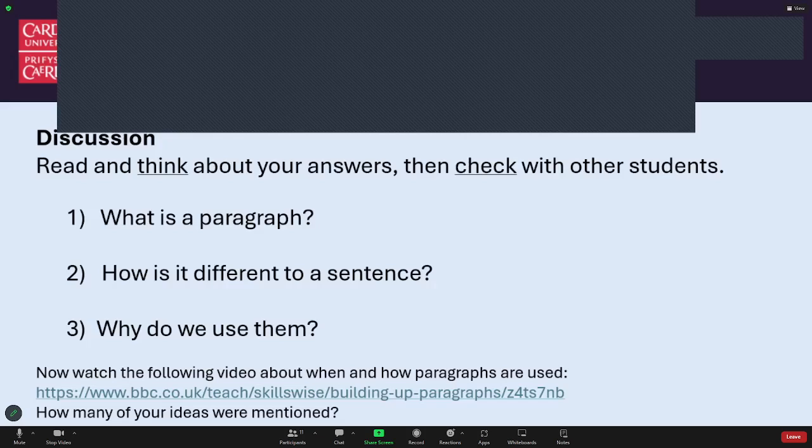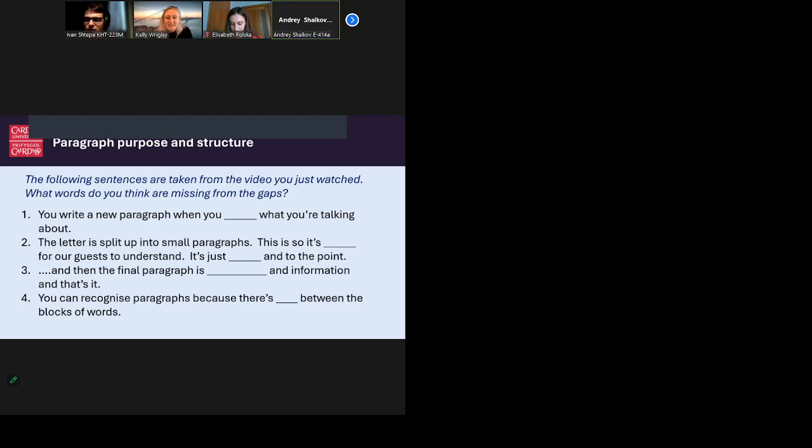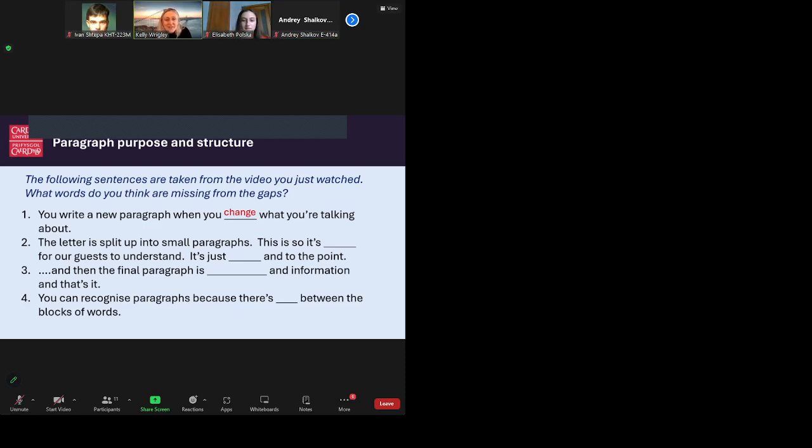Right, so we did this one. So, you write a new paragraph when you, anybody, what do you think? Changing or end what you're talking about. You are correct, yes. When you change what you're talking about, yeah, is correct. Number 2, somebody different. What do you think?